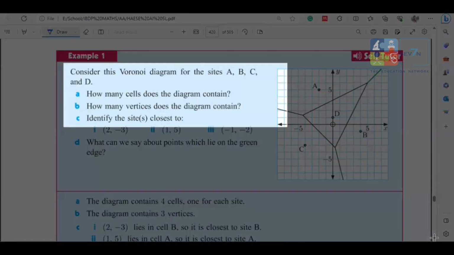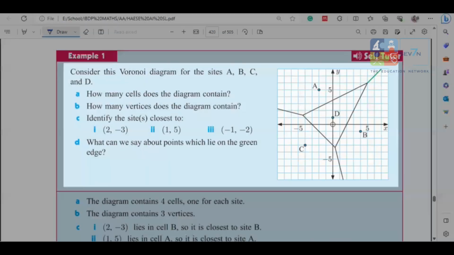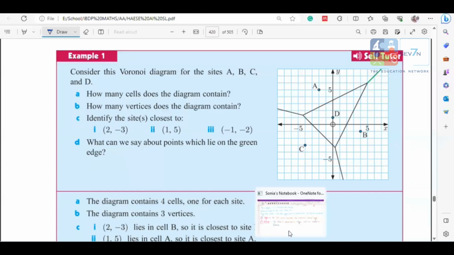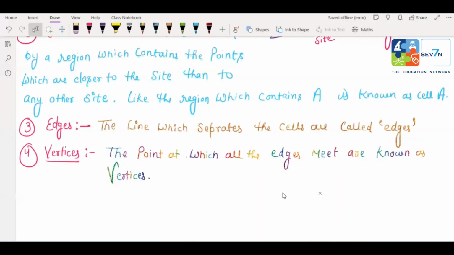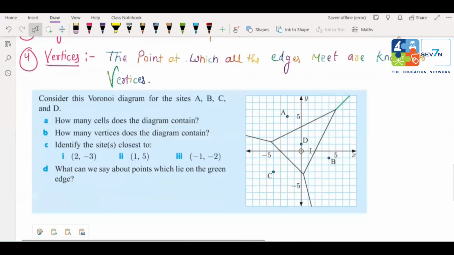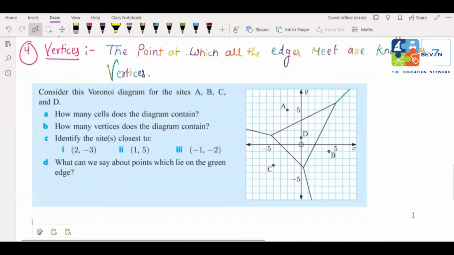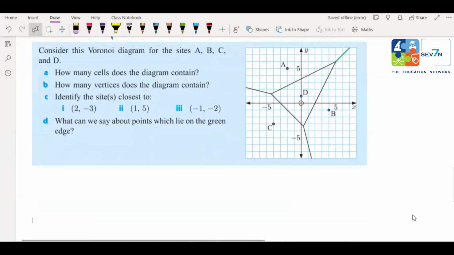This is your question. Is this question visible, Ranvi? Consider the Voronoi diagram for the sites A and B. This is your A site, this is your B site, this is your C site, and D site as well.